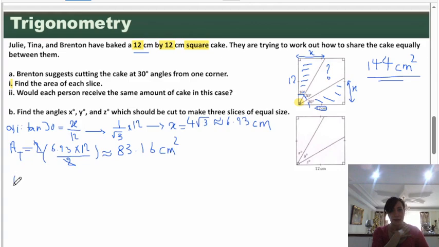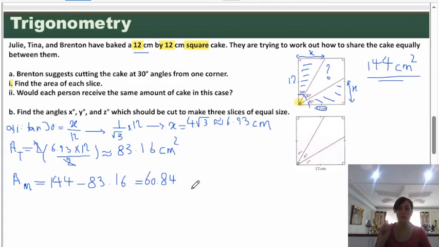I write the area of the middle equals 144 minus 83.16, which gives me 60.84 square centimeter.